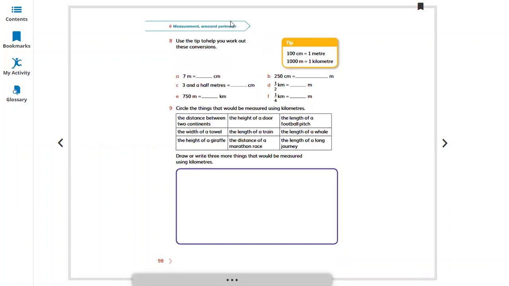This table should be in your mind. Kilometer equals 1000 meters, and 1 meter equals 100 centimeters, and 1 centimeter equals 10 millimeters.